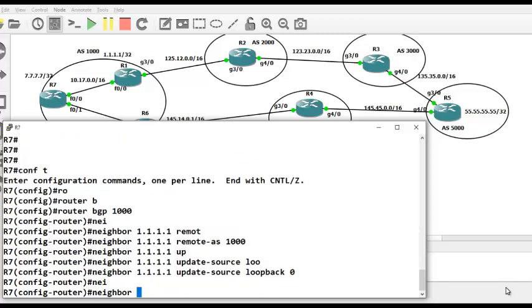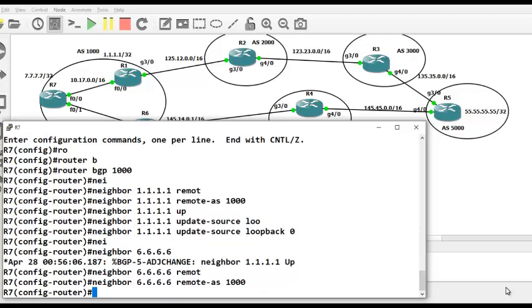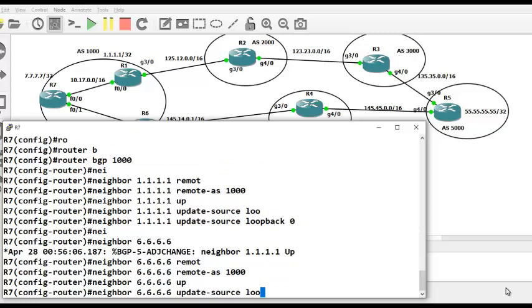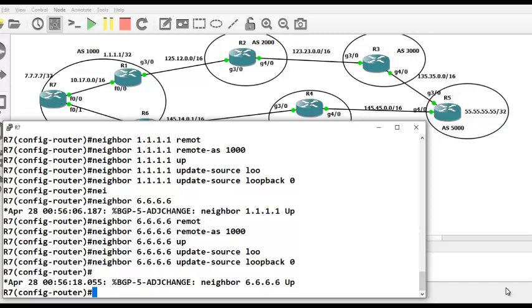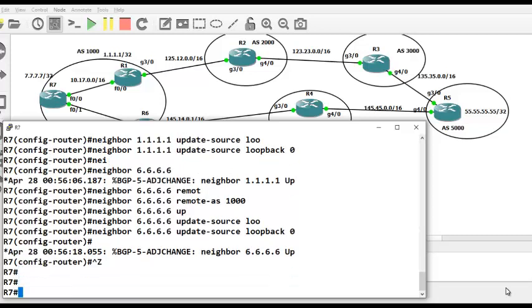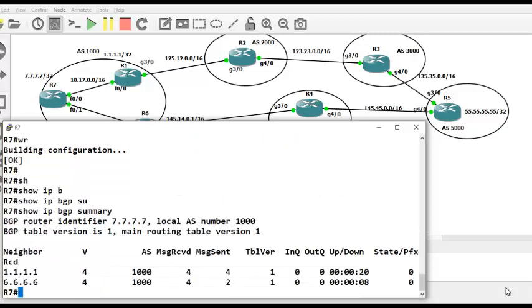Next neighbor is 6.6.6.6, remote AS is 1000, update source. Done. So we'll see now two IBGP neighbors from router 7. Show IP BGP summary. You see, you got two neighbors. Both are IBGP neighbors. But there is no prefix learned so far.